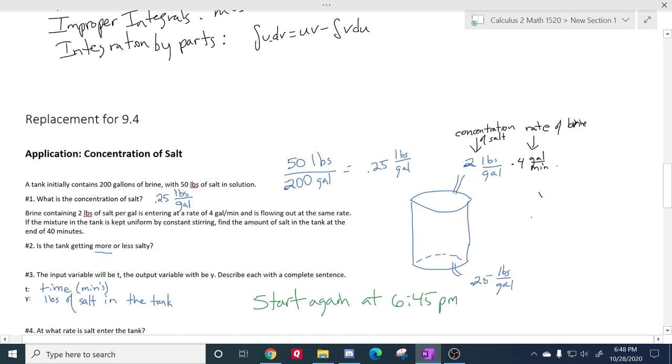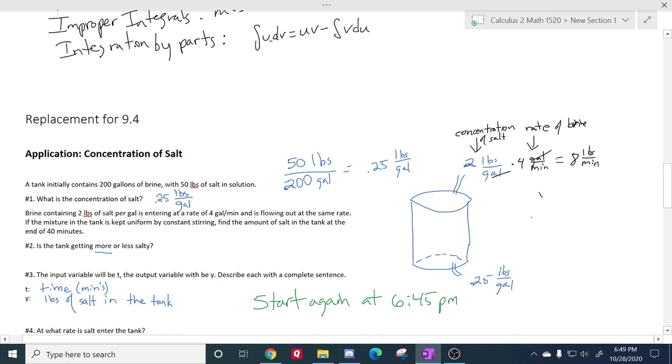Now, if you multiply these two together, 2 times the 4 makes 8. The gallons and gallons cancel out, and you get pounds per minute. And this is the rate of salt.